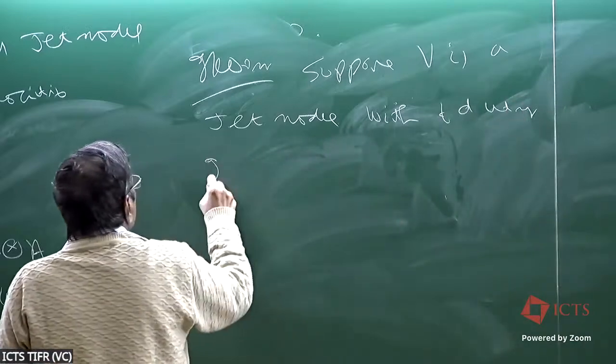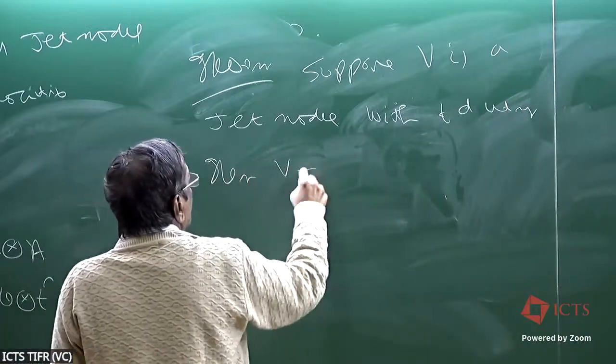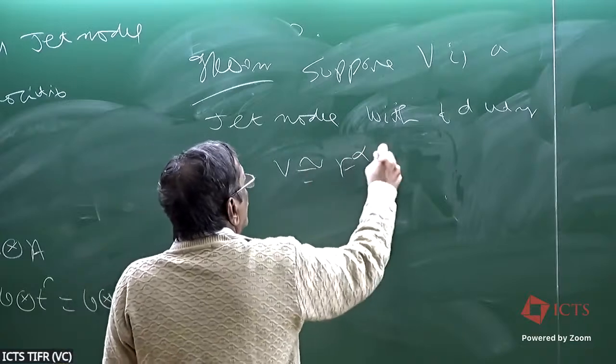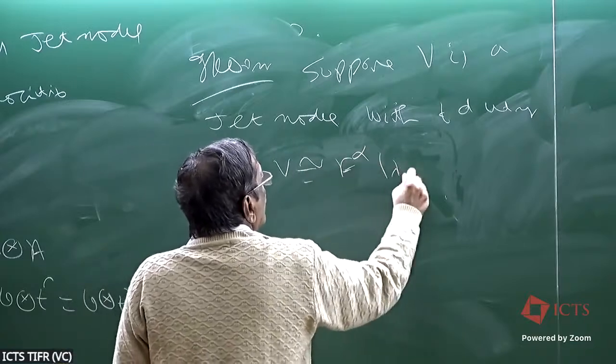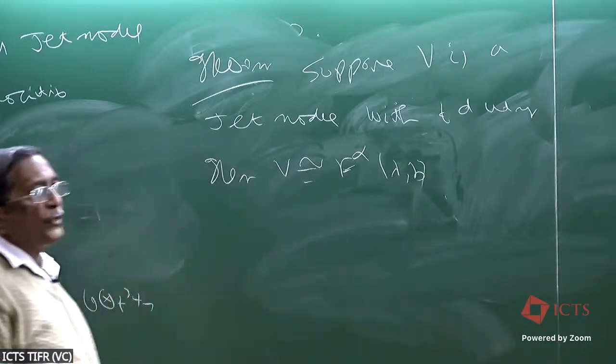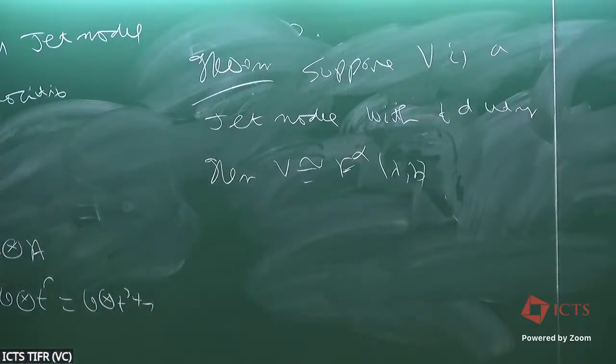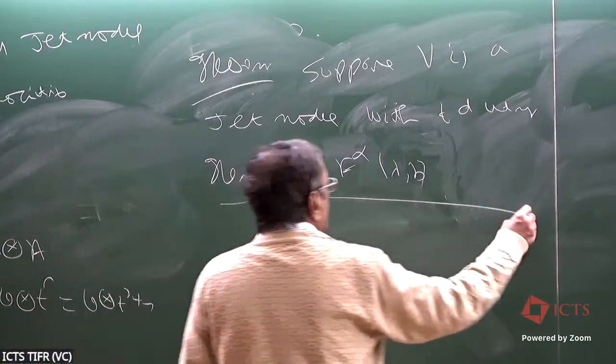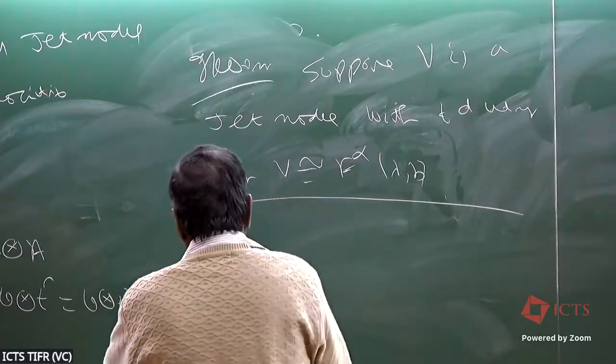Then V is isomorphic to F(alpha, lambda, beta). Okay. Any jet module with finite weight spaces is isomorphic to a Larsson chain module. Okay. Now, that's the last bit.